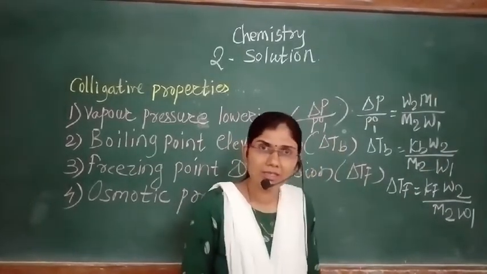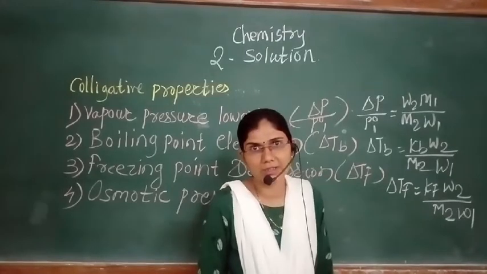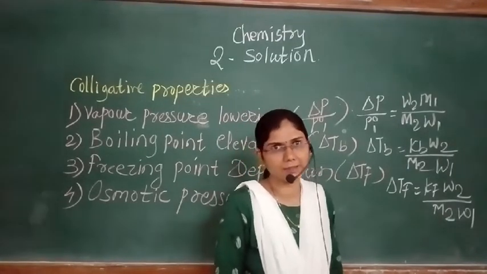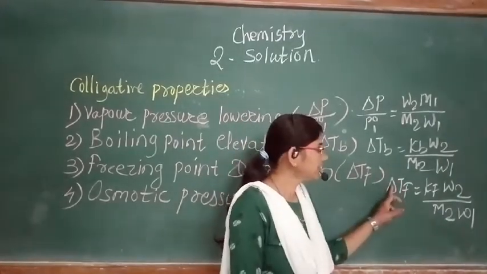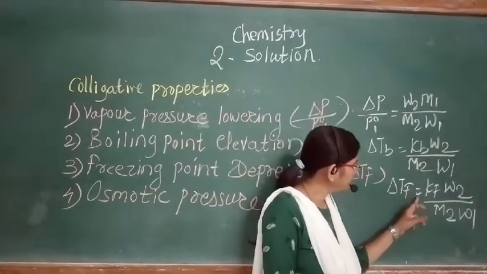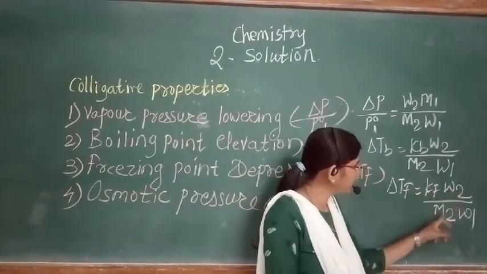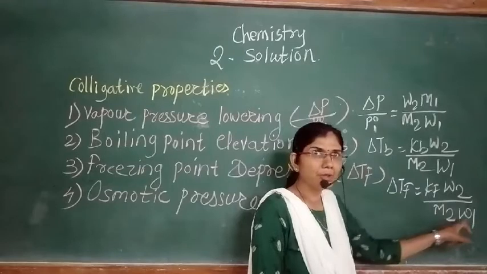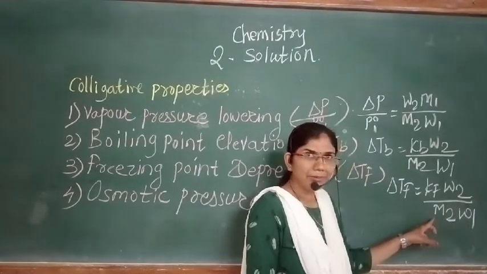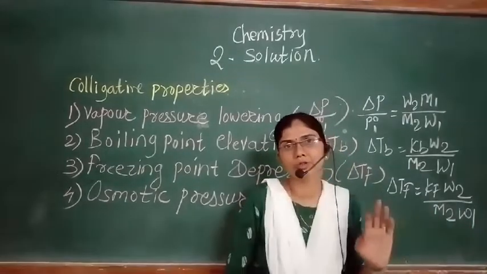It is also called the ebullioscopic constant. Then the third one is delta Tf, which is equal to Kf W2 divided by M2 W1, where M2 is the molar mass of the solute.